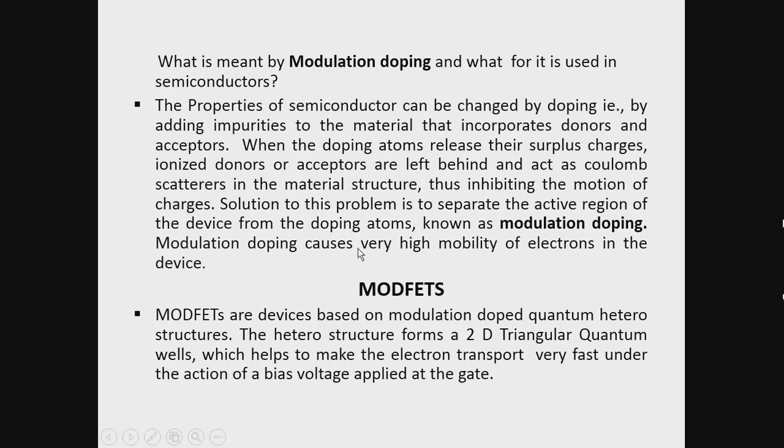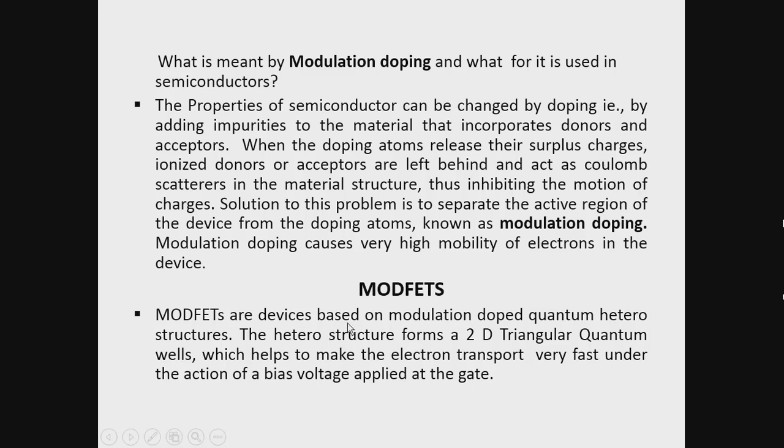Modulation doping causes very high mobility of electrons in the device. Now we will see what are the constructional features of Modfets, how Modfets are fabricated, and what are its characteristic features and operational characteristics, how this device is operated.